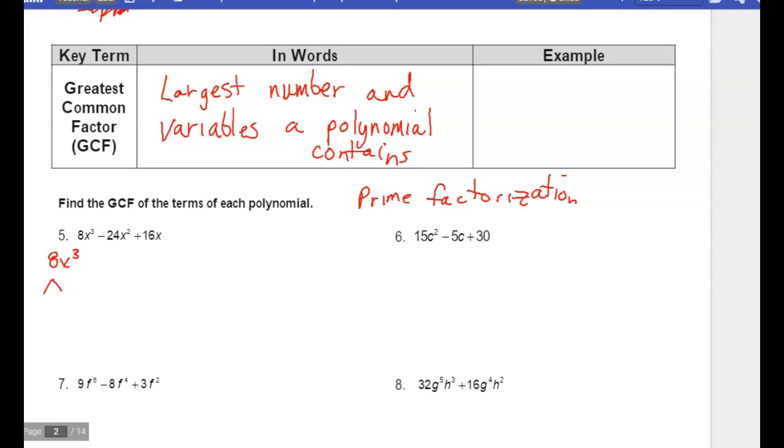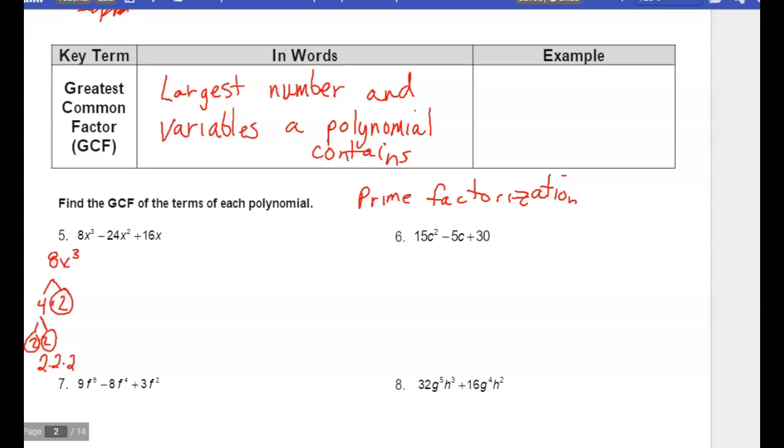So we're going to find prime numbers that multiply to get 8. Well, I can just break this down into 4 times 2 initially, and then the 4 breaks down into 2 times 2. They're both prime. So then I end up with 2 times 2 times 2, because if I did that, that gets me back to the 8.